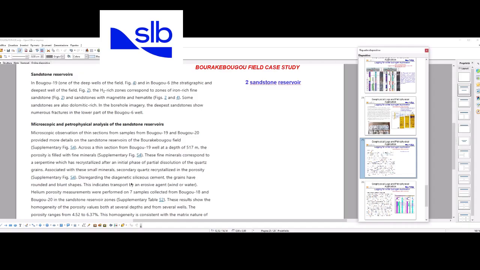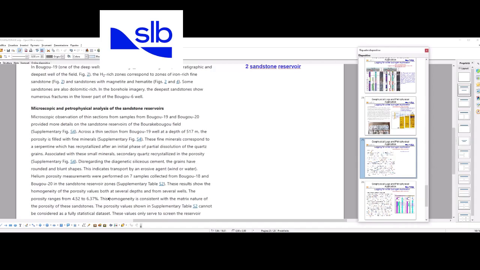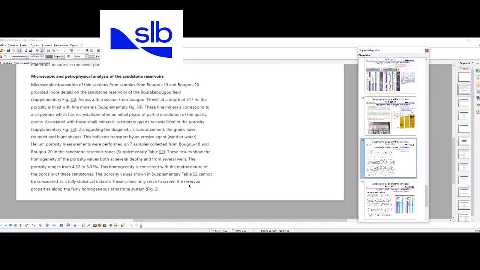That means there was an erosive agent that made this erosion and redeposition, like wind or water. And we have also the presence of helium in some samples. So we have some indicators of this phenomenon of re-erosion and re-deposition.